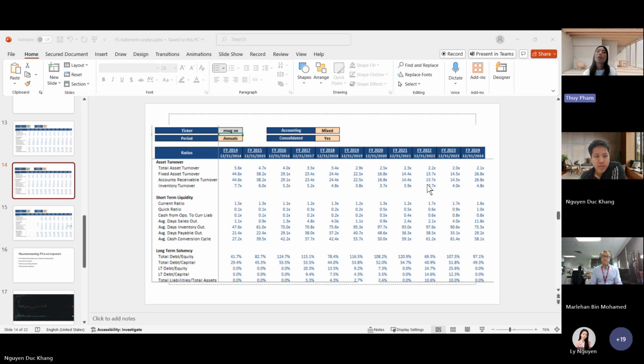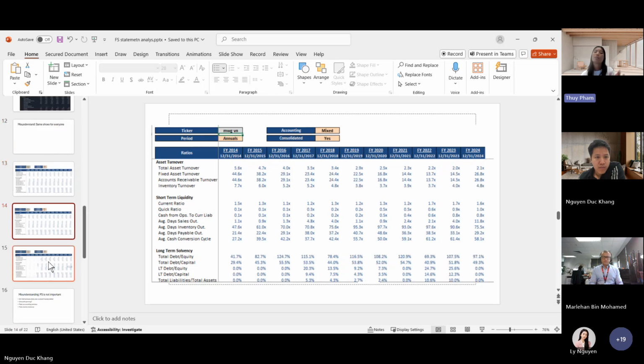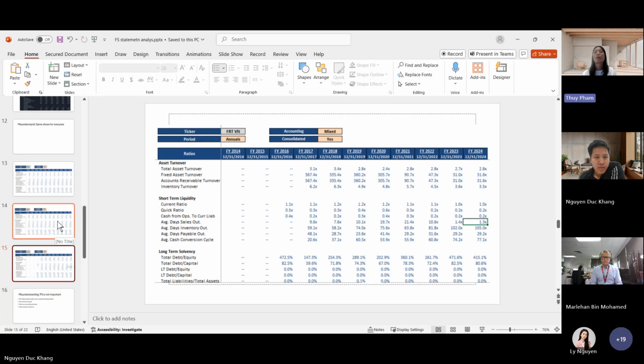But what about within an industry? When we have different companies in an industry, should students just compare and conclude that if one company has a higher ratio, then it's better, or should they dig further to find out that maybe the business models are not compatible, or why this company may look a bit lower in terms of ratio but is not really showing poor performance? Can you extrapolate a bit more for our students?